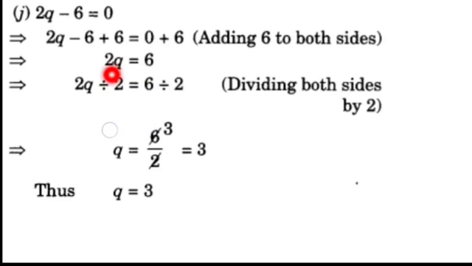Now as you can see here, it is q multiplied by 2. So the opposite of multiplying by 2 you are going to take as dividing by 2 on both sides. This 2 and this 2 get cancelled. So remaining is only q on the left hand side of the equality and 6 divided by 2 you will get 3. So you will get the value of q is equal to 3.